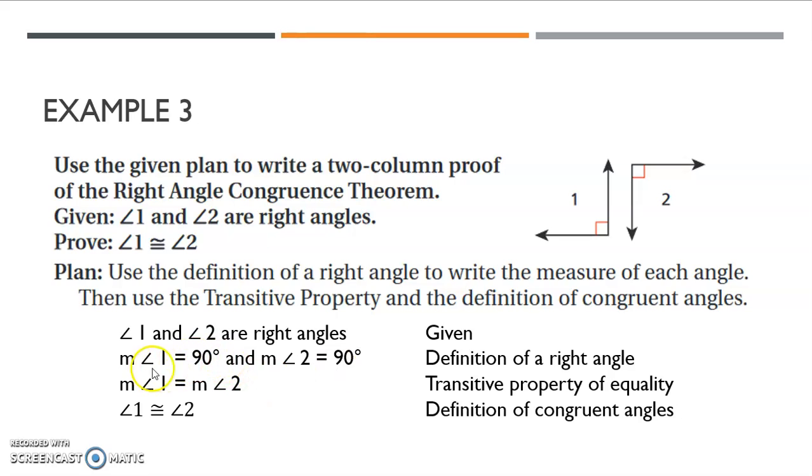Then I noticed that 1 is equal to 90 and 2 is equal to 90, so that means that 1 is equal to 2. That's the transitive property of equality. We use equality because these are equal signs. Now the last step, it says use the definition of congruent angles, so that's here. And remember, this should always match our proof statement. So angle 1 is congruent to angle 2.